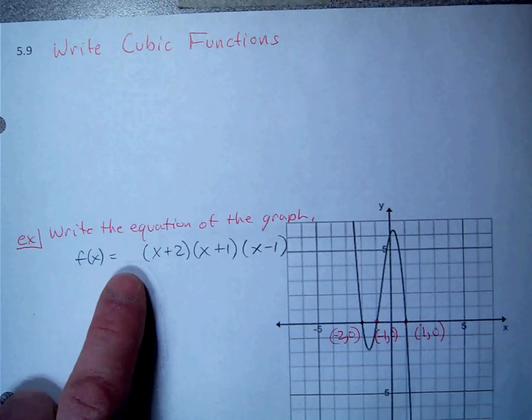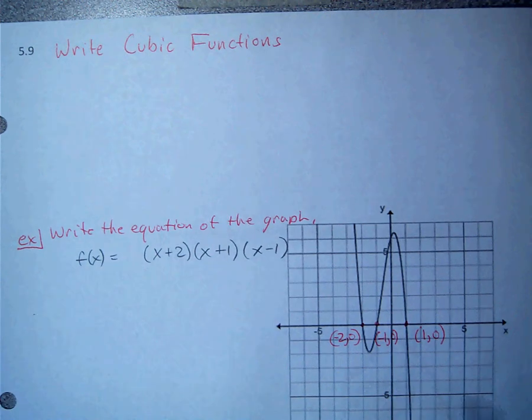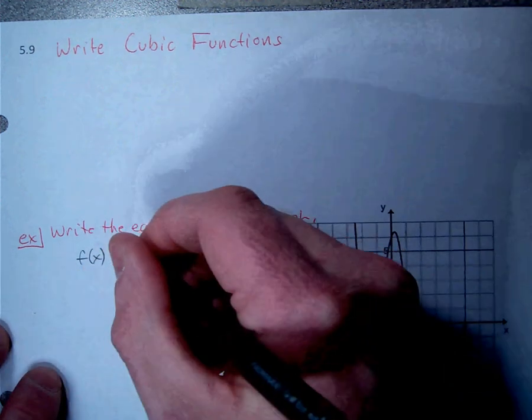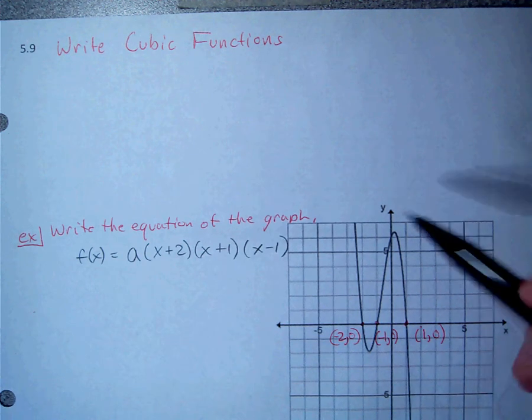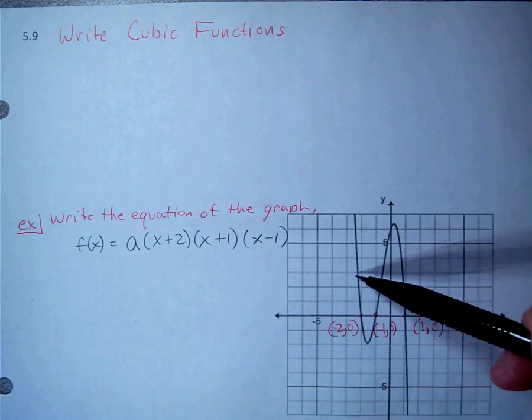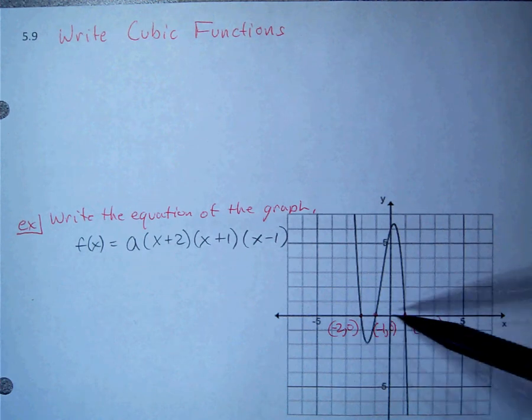We don't know what the leading coefficient is. The zeros tell us a lot of information, but a critical component of writing the equation is missing, and that's the leading coefficient. So to find this leading coefficient, we'll just call it a for right now. We're going to scan the graph for another coordinate that is not one of our zeros.